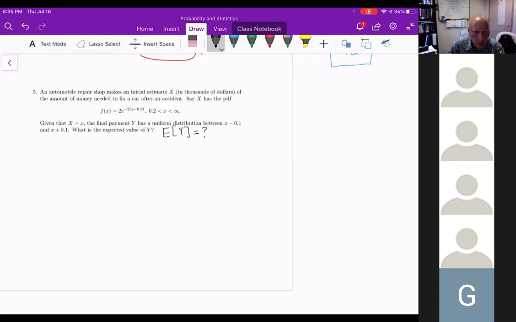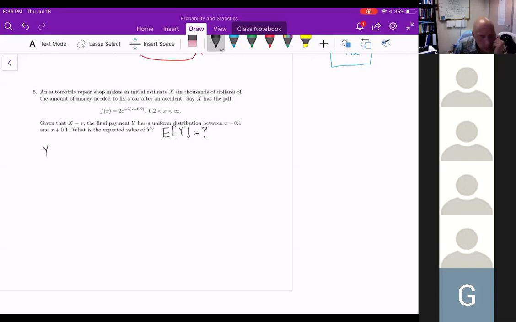So first thing that I would do is figure out, what do we know? We obviously know f of x because that's clearly given. But then you need to figure out, what is this uniform distribution? Does anyone know how you would write that? Is it f of y? Not quite.